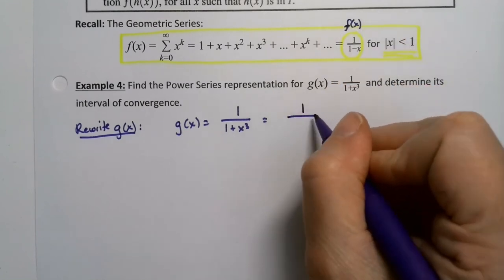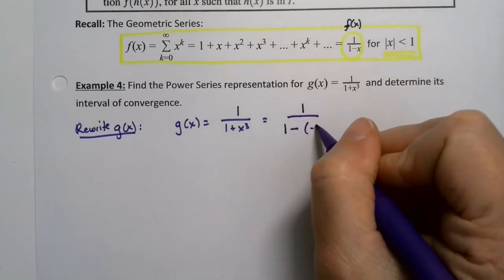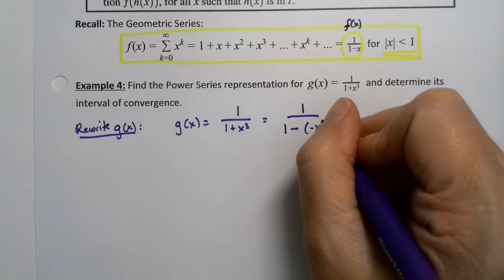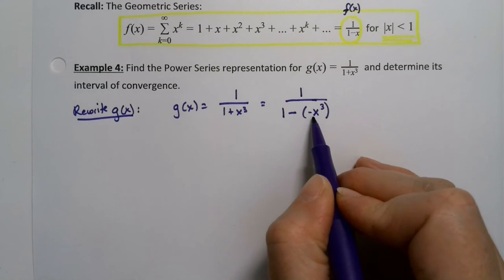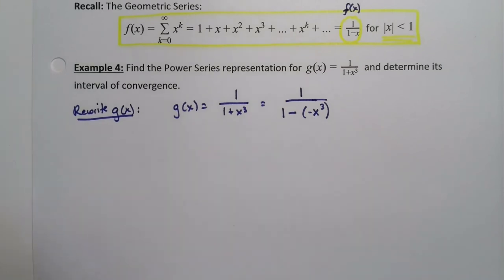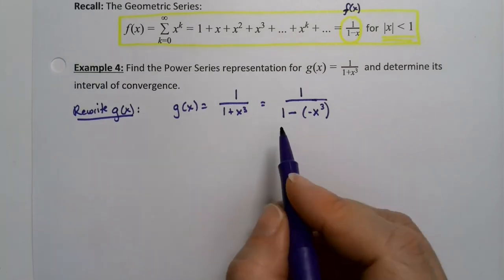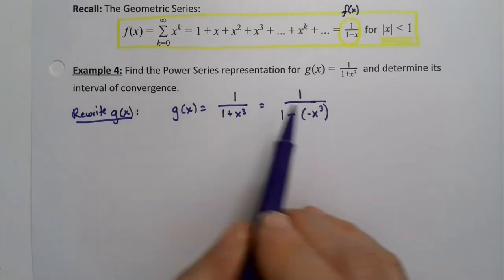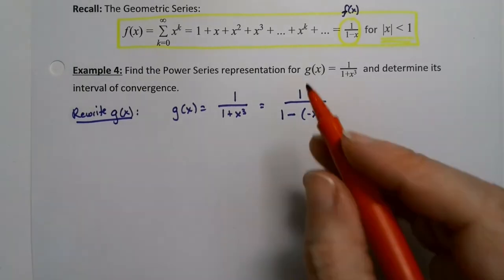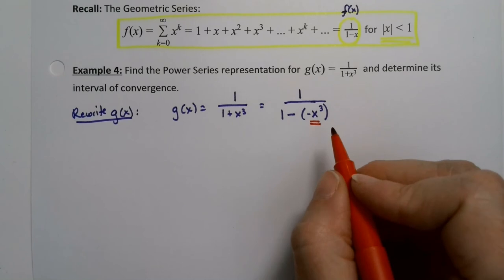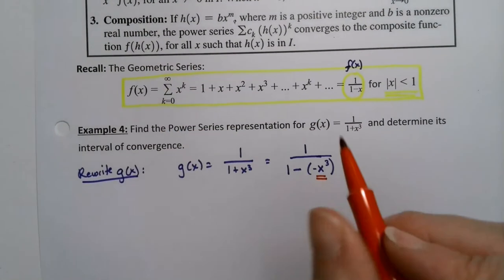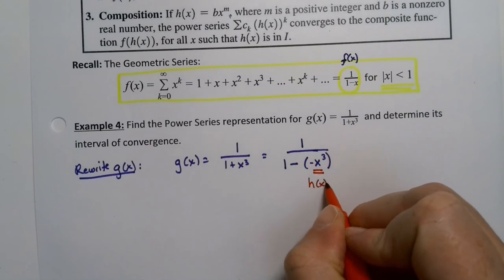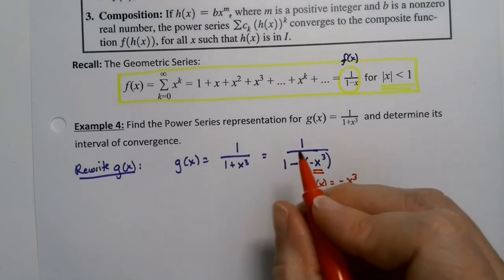So I'm going to go 1 over 1 minus negative x cubed. That would work, right? Because negative times a negative would be positive. But that means now take your series, because this guy right here is now your h of x. So if you look, I've composed one function and another. So h of x is equal to negative x cubed.